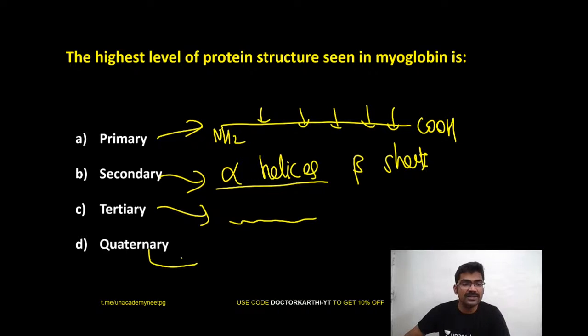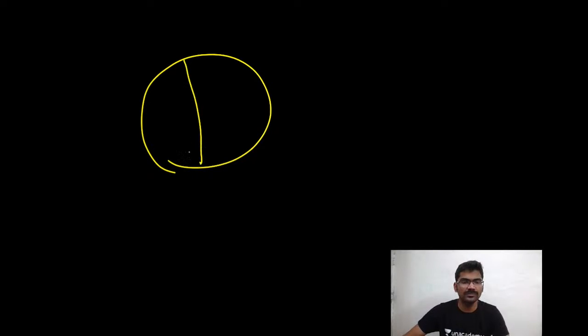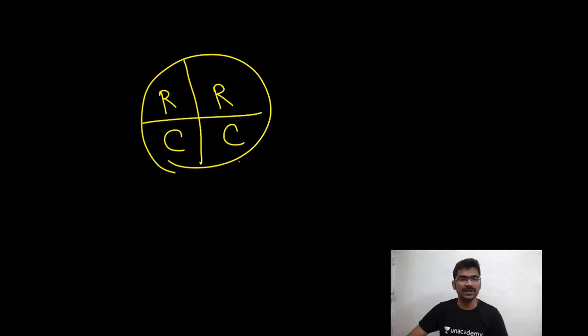What is quaternary structure? You get quaternary structure when you have multiple subunits. For example, let me draw a protein. This has two regulatory subunits and two catalytic subunits. Can you identify this protein?